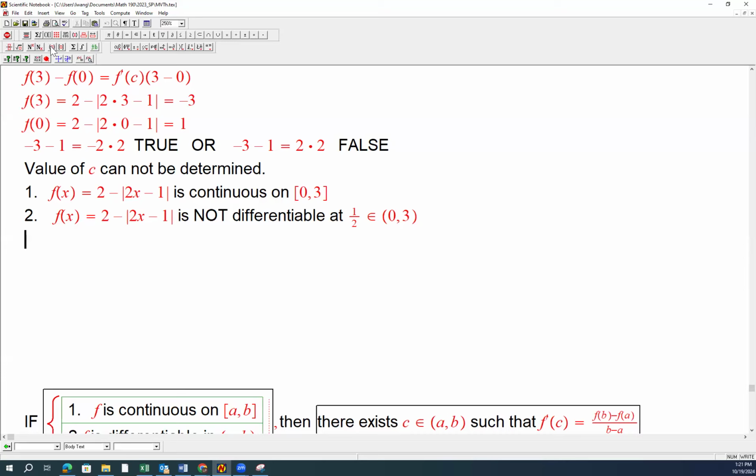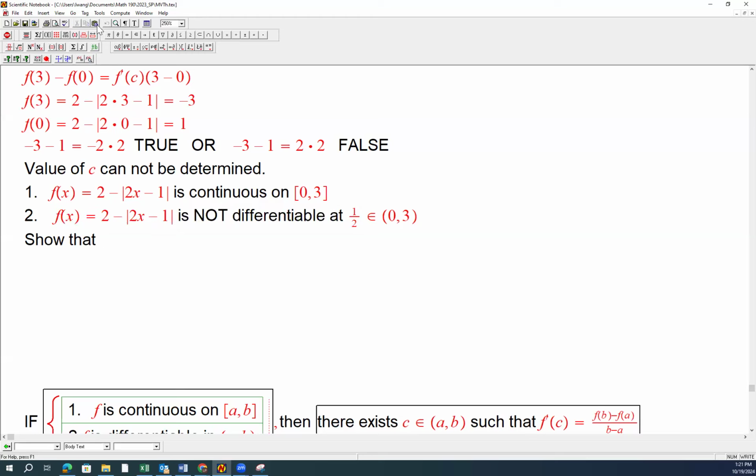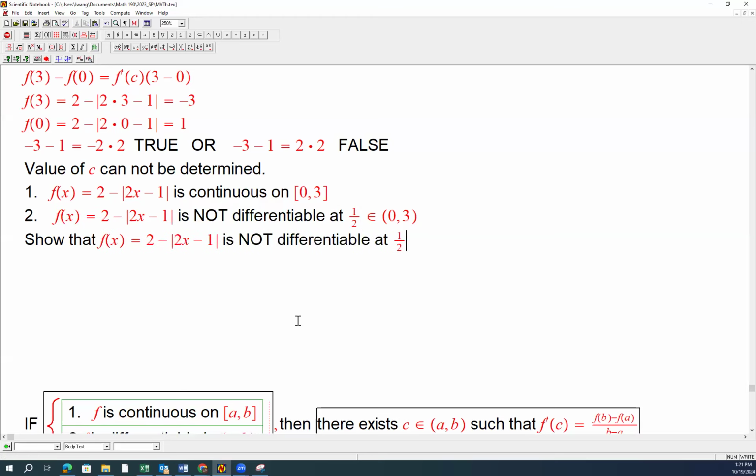Next we're going to show that this function is not differentiable at half. This needs to be proved. Of course, it's pretty obvious, but we need to prove it, so bear with me.